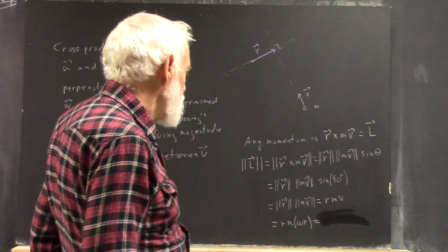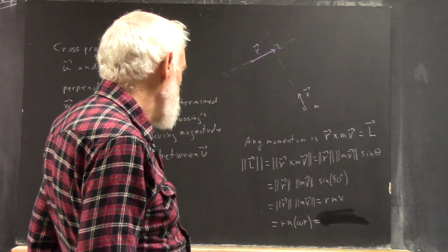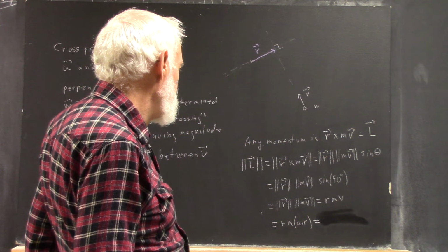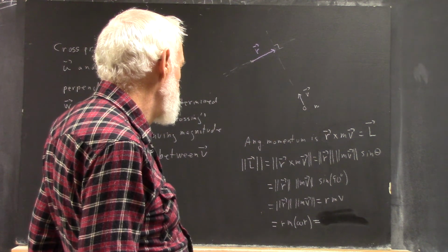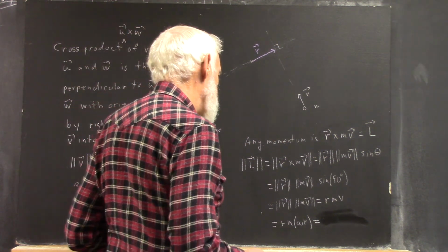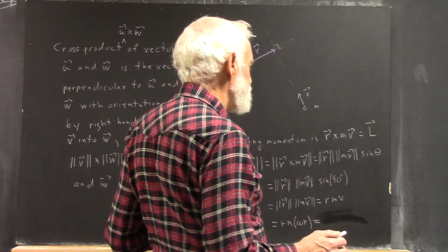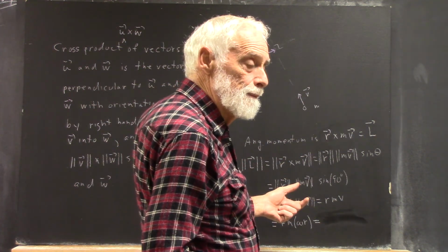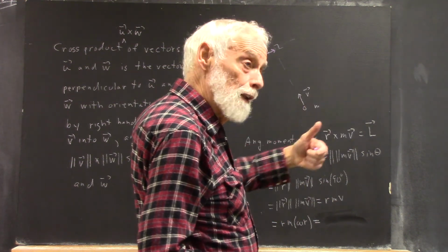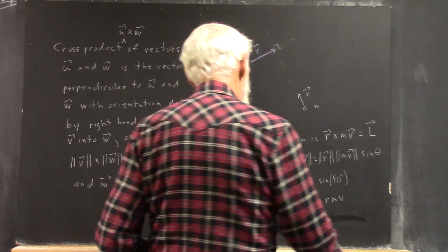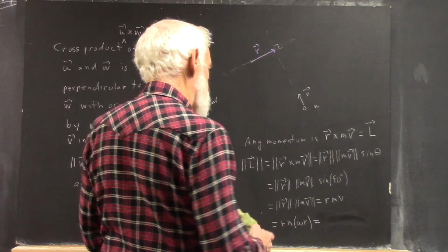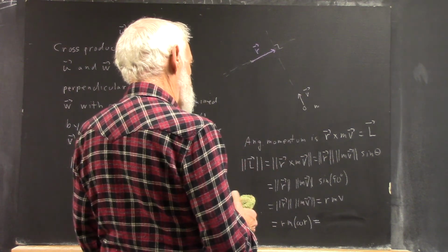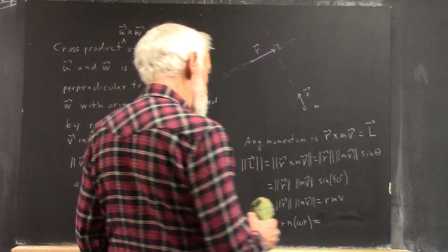Yeah, actually something's wrong here, that's not coming out right. Shouldn't it just be mr squared omega? Well, first of all, omega is V divided by R. But there's a problem with that.